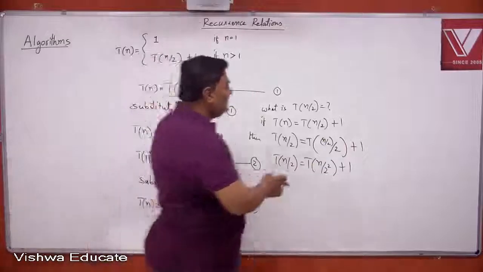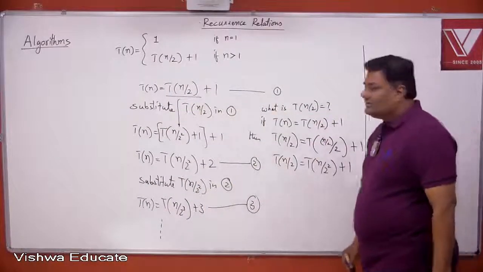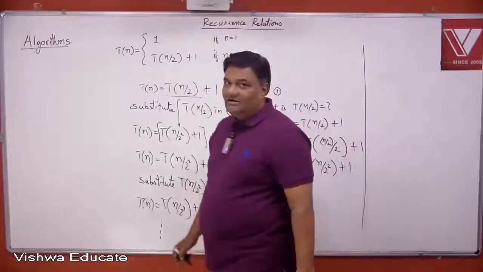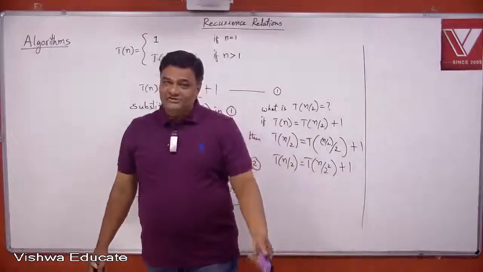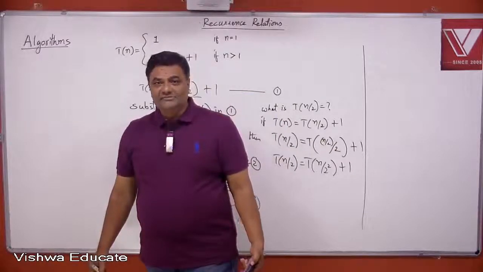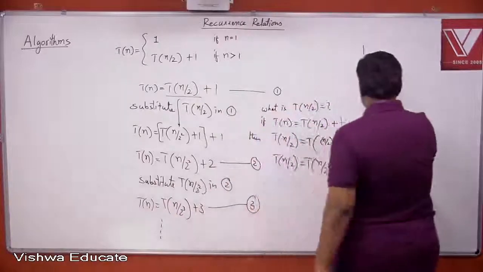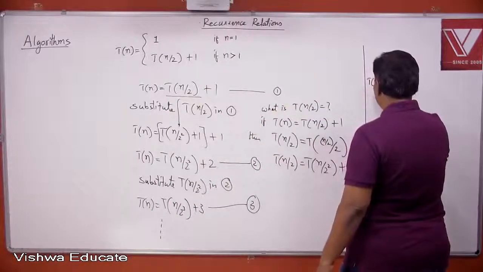If I continue, here I write. How many times should I do it? See, this is the induction method or back substitution method. We call it the induction method or back substitution method. If I go on doing it like this, then up to what should I do? I should continue for k times.